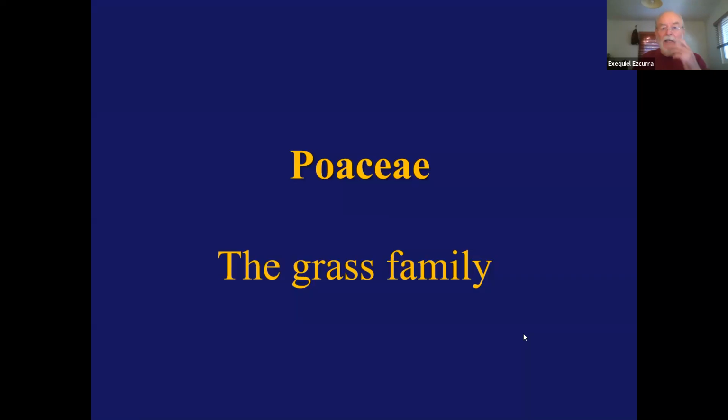The grass family is a huge family. It contains, I don't even know the exact number, but it must be in the order of 25,000 species. And it's an incredibly cosmopolitan family. There are grasses in the Arctic tundra. There are grasses in the rainforest.